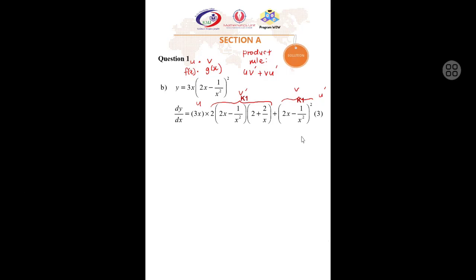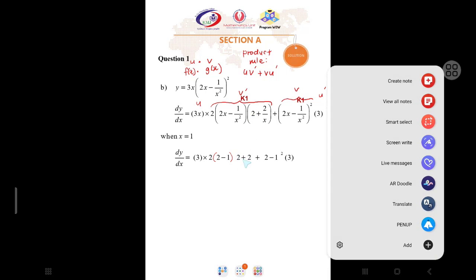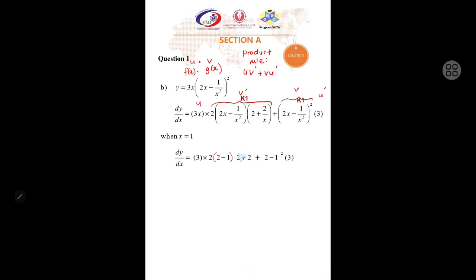And then when x equals 1, substitute 1, replace x with 1, so you get 3 times 1 times 1, 1 minus 1. So 2 times 2 minus 1, this one 2, copy back, plus 2 over 1, so 2 plus 2.